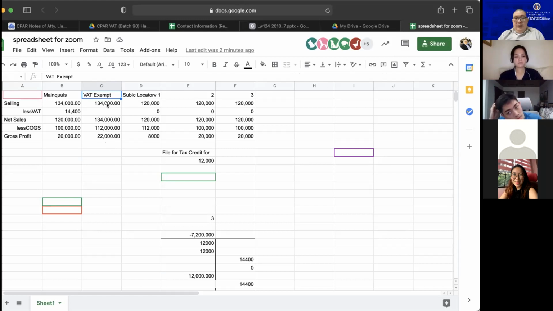VAT exempt, meaning if yung medicine mo ng Norvas, yung pang hypertension mo is 134 peso, they still sell to you at 134 peso. Then your cost of sales, hindi na 100, but 112. Yun ang interpretation ng BIR.